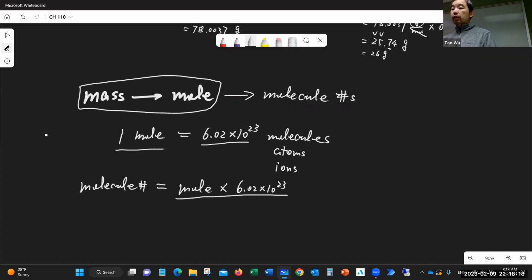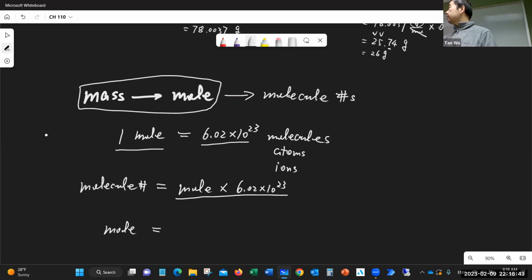If you look at this equation, you can also figure out: if we already have the molecule number and we want to figure out moles, how do we do it? Based on this equation, we just need mole, which is the molecule number divided by 6.02 times 10 to the 23rd.